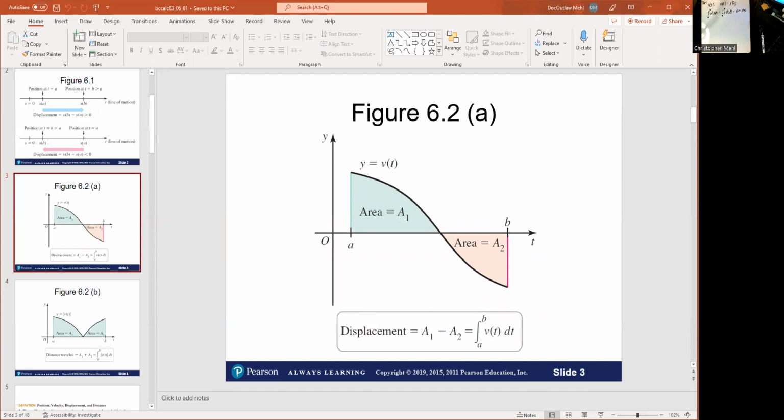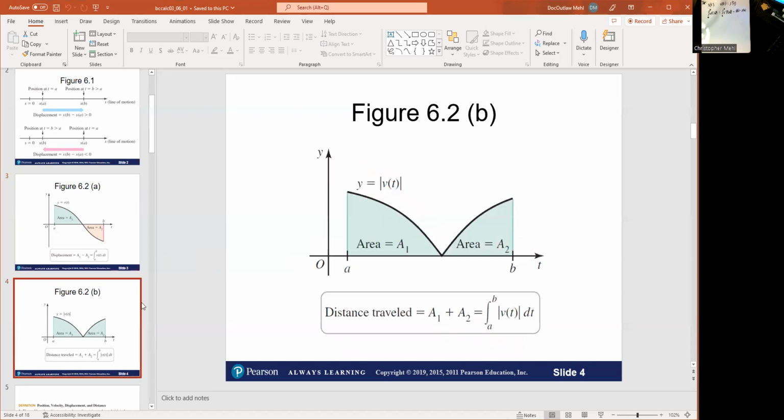Now if we're going to look at the speed, let's caveat this. Here we have y equals v of t, and the displacement here, A1 minus A2, is that integral from a to b of v of t dt. That is not to be confused with the distance traveled. The distance traveled is asking you to look at the magnitude of the velocity function.